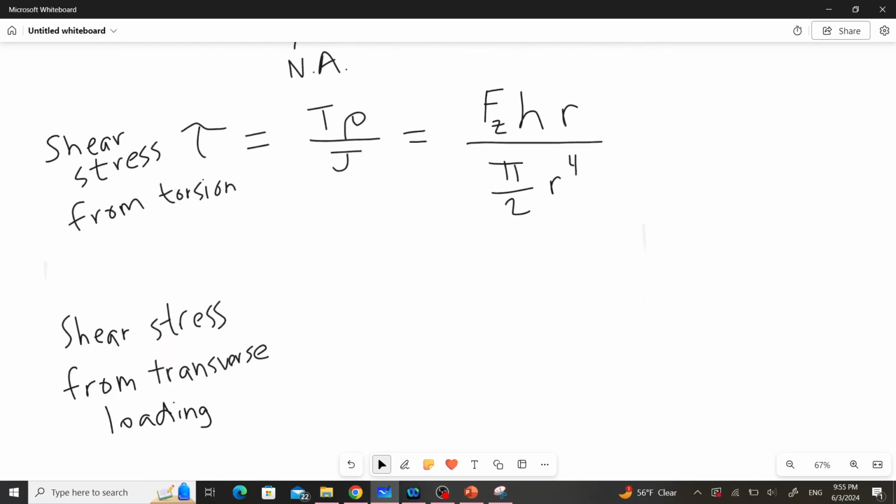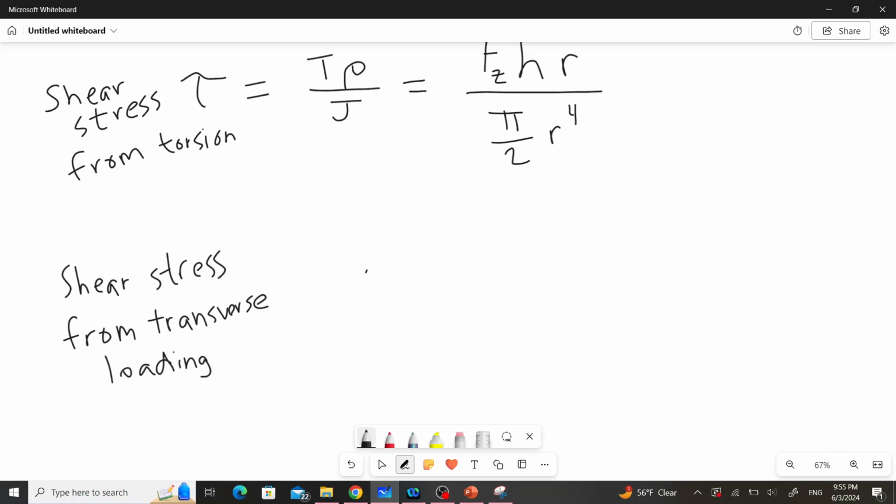So we're just going to write what that is. We know for a circular cross-section, for an element on the neutral axis, tau is equal to 4 over 3 multiplied by the force, which is Fz, over pi r squared. Okay?